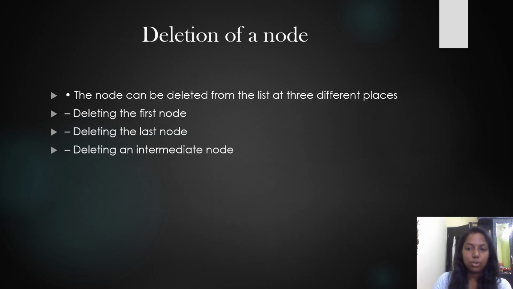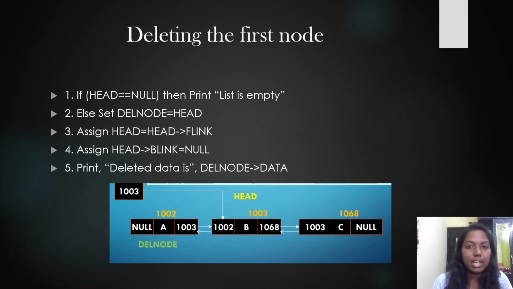Now deletion of a node. Under deletion, we can see that it can be deleted at three places: the first node, the last node, and the intermediate node. In the first node, if head is equal to null, then the list is empty. As usual, we check when the list is empty, else the del node is set to be head. So this is set as del node.